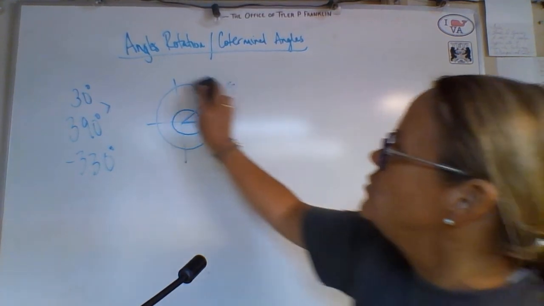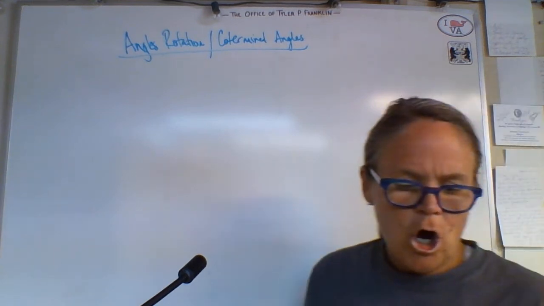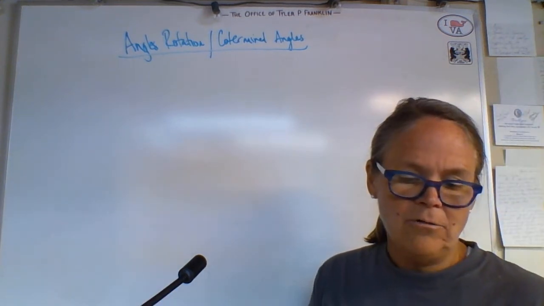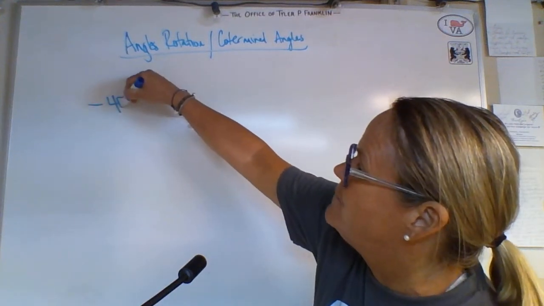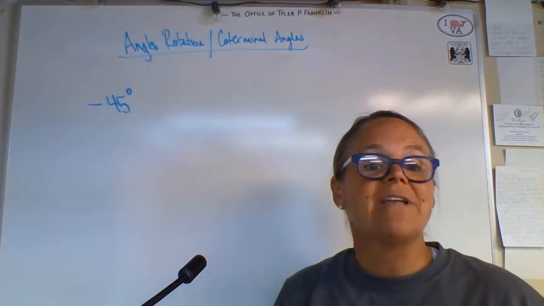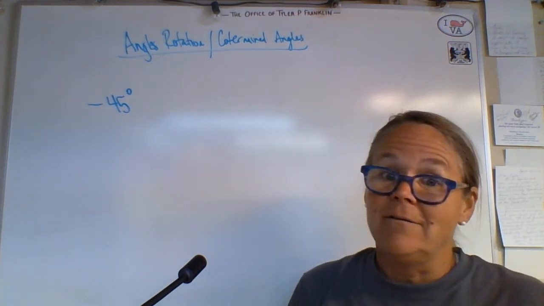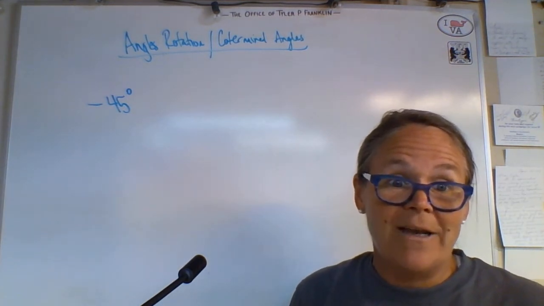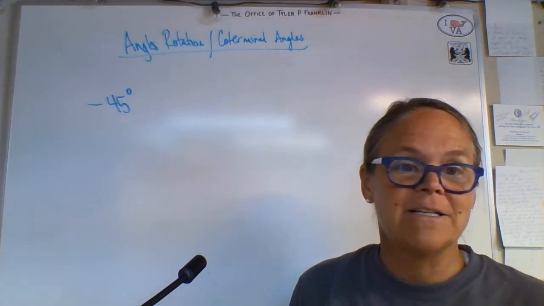So what I ask you to do is I will say find a coterminal angle to negative 45 degrees. I usually will say find one positive, one negative. Well, if you're just looking at the easiest way to do it, add 360, subtract 360.